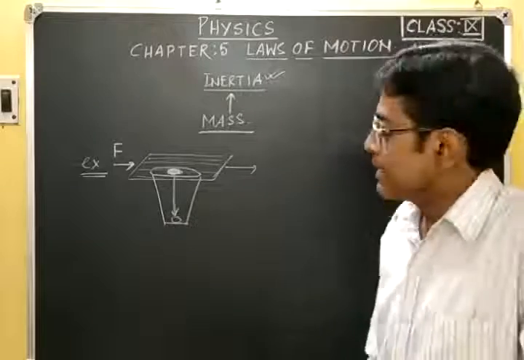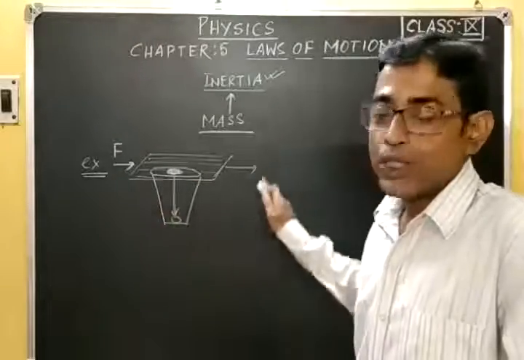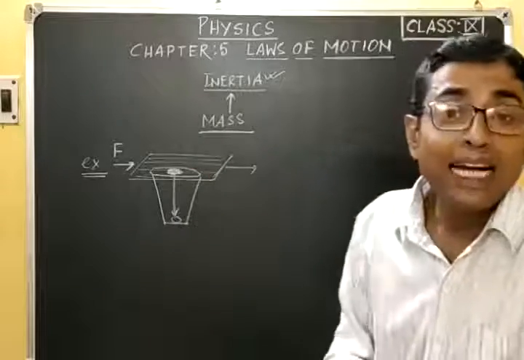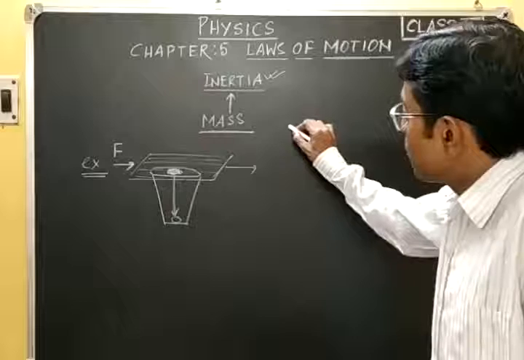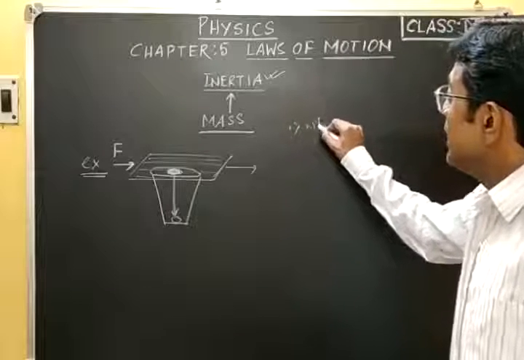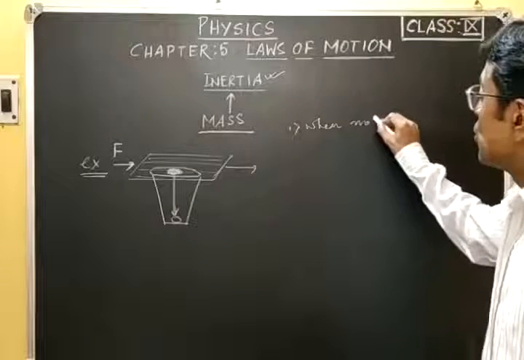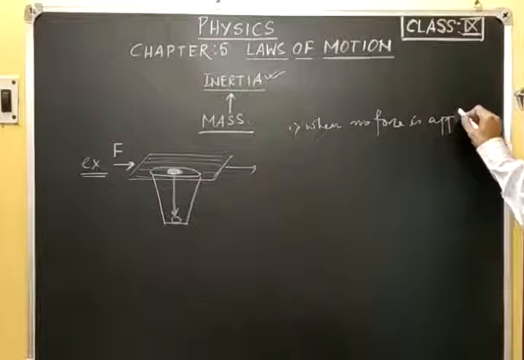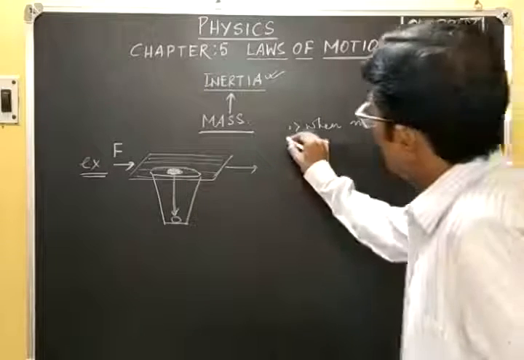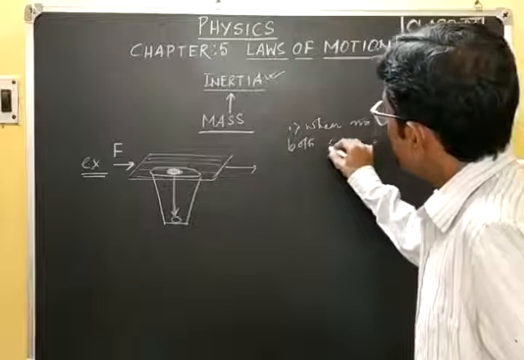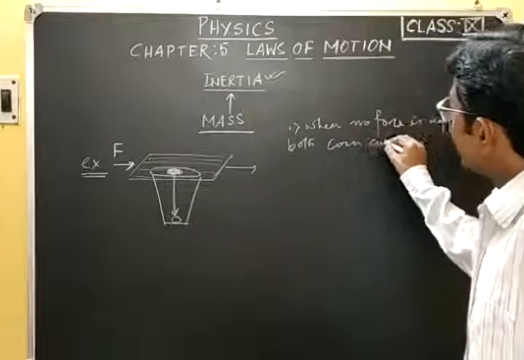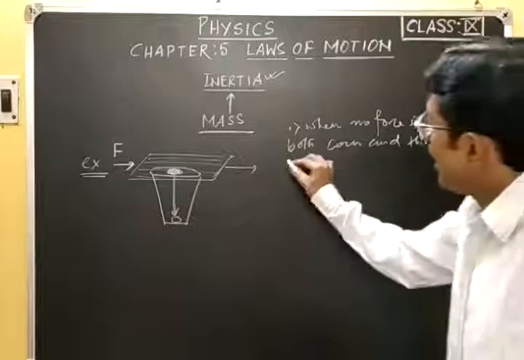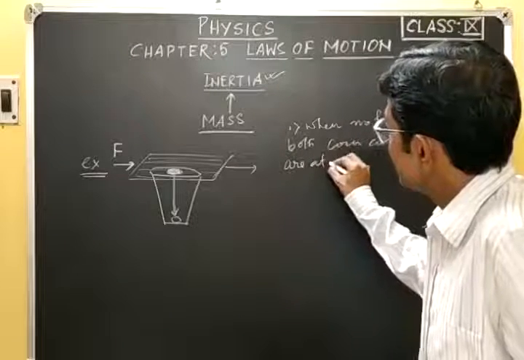How to explain it? See, when no force is applied, both coin and the card are at rest. So the first point I am writing: when no force is applied, both coin and the card are at rest.